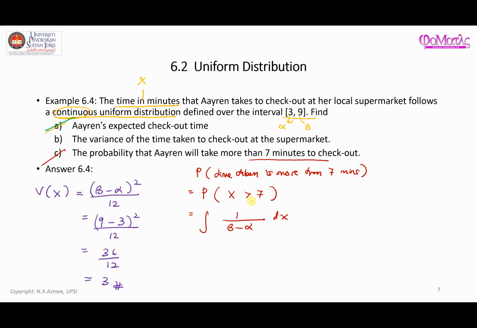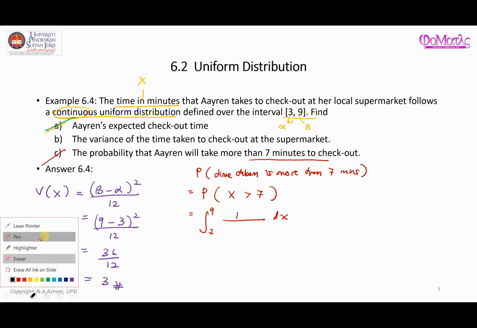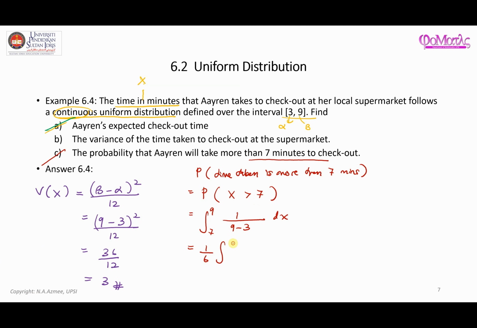And then x is greater than 7. That means the lower limit is 7, upper limit must be 9. And this part here, beta minus alpha, we can just substitute the value straight away. We can just write down 9 minus 3, which is 6. So we have 1 over 6, integral from 7 to 9 of 1 dx.